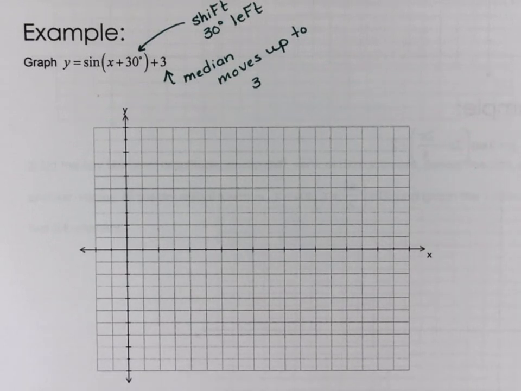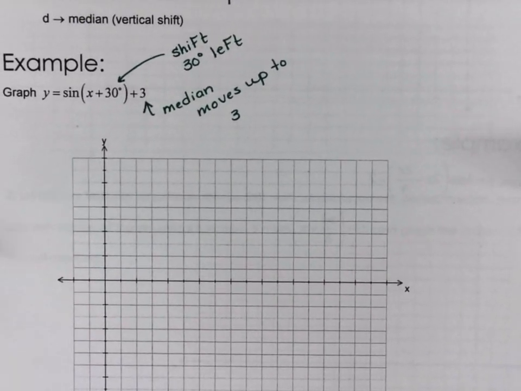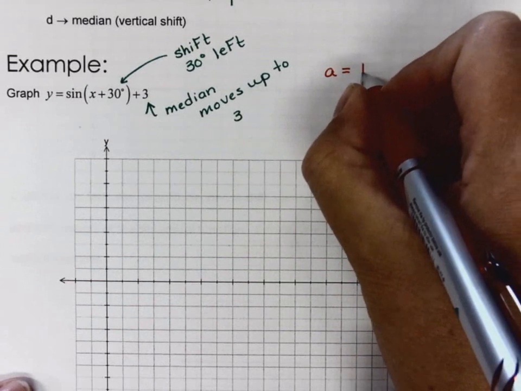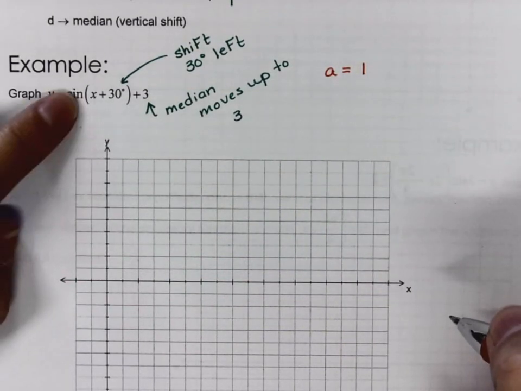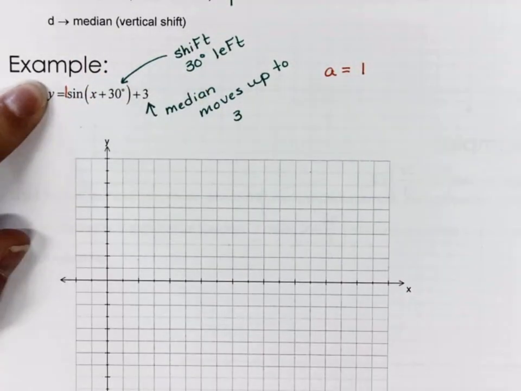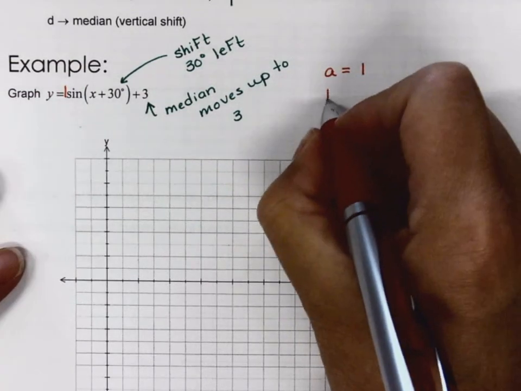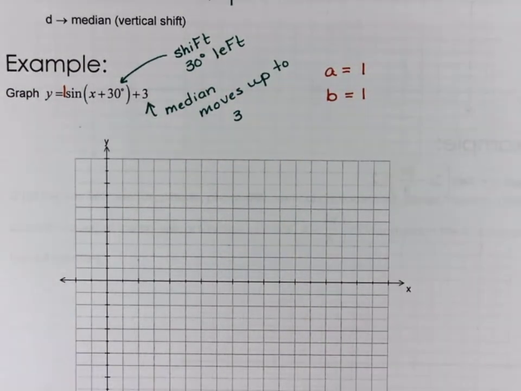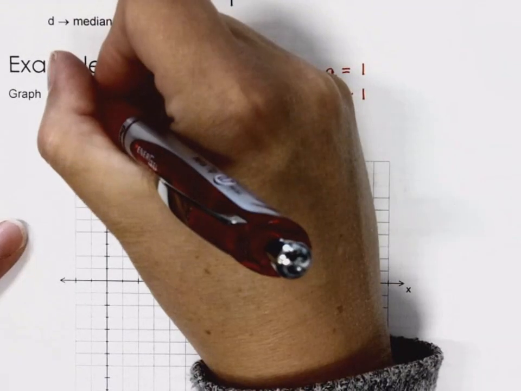Okay, so this is how I like to graph things. You guys are going to find the most effective way for yourselves, but I like to run through my numbers. I know that my amplitude is 1, because there's nothing in front there, right? I know that my B is also 1, because there's nothing in front here.